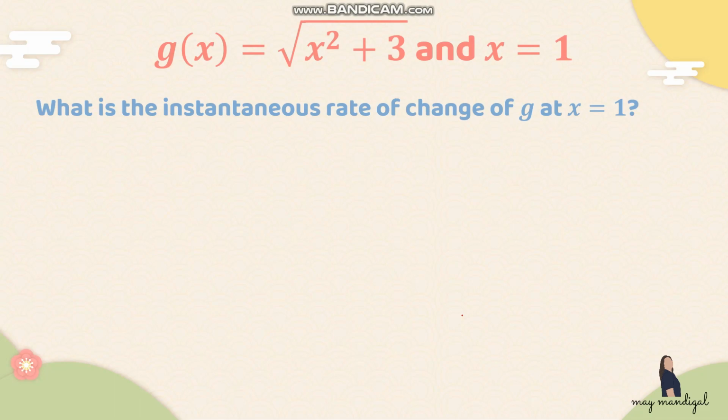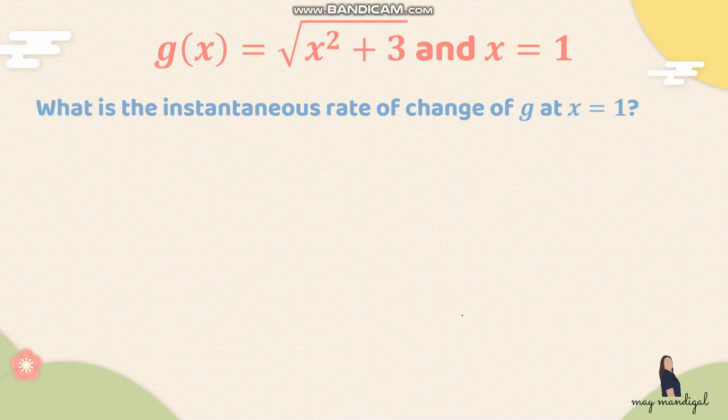Another example. So let's say we have g of x equals square root of x squared plus 3, and we have here x equals 1. So first question is, what is the instantaneous rate of change of g at x equals 1? So again, in getting the rate of change of our function at a particular point, we have to get first the derivative.